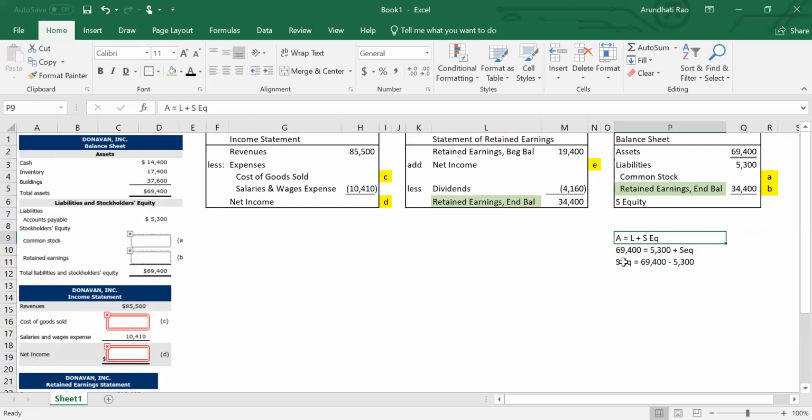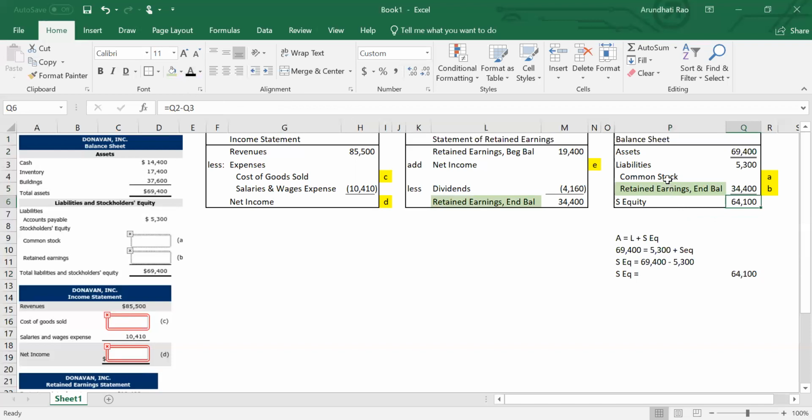Total assets is 69,400. Liabilities is 5,300. Those were given in the problem. I'm just copying those numbers from what was given to me. And I rearrange the terms and I say my stockholders' equity equals, I calculate the number and I get 64,100. I bring that number over here.